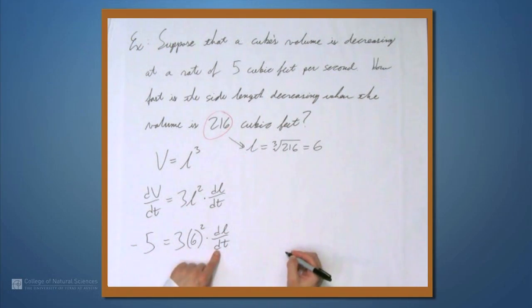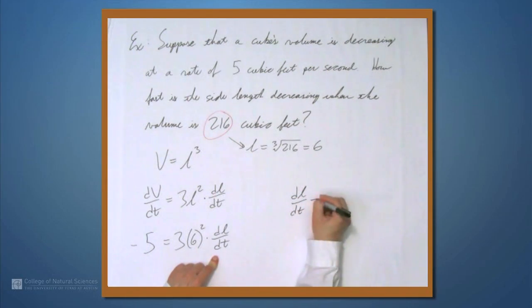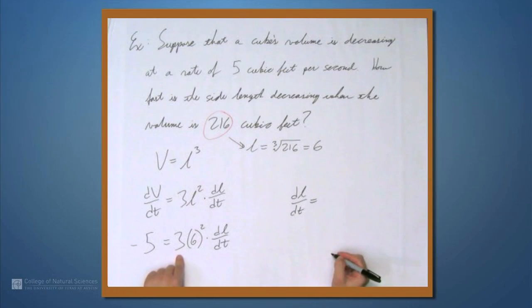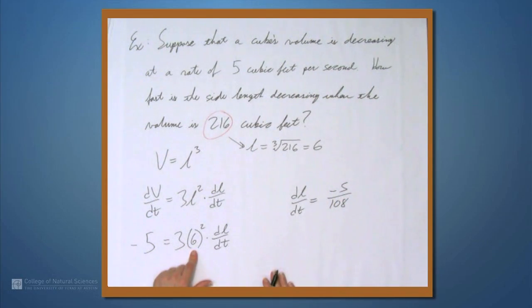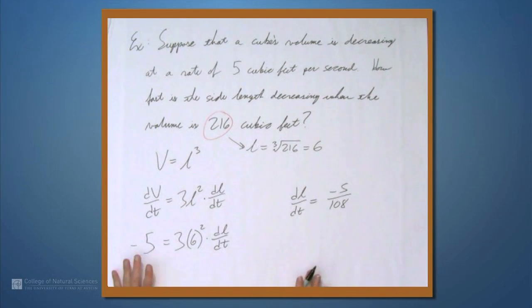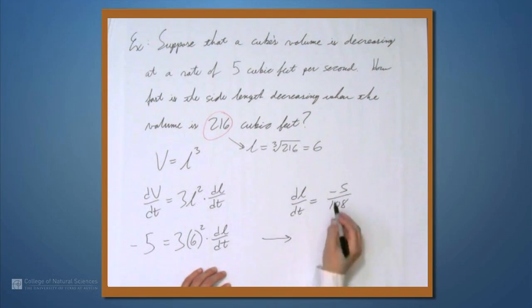Now all that's left to do is to solve for dL/dt. So we have negative 5 equals 3 times 36. 3 times 36 is 108. So we get dL/dt equals negative 5 over 108. But how do we phrase that in words? It's always good to be able to translate this back into words. This negative means that the side length is decreasing.